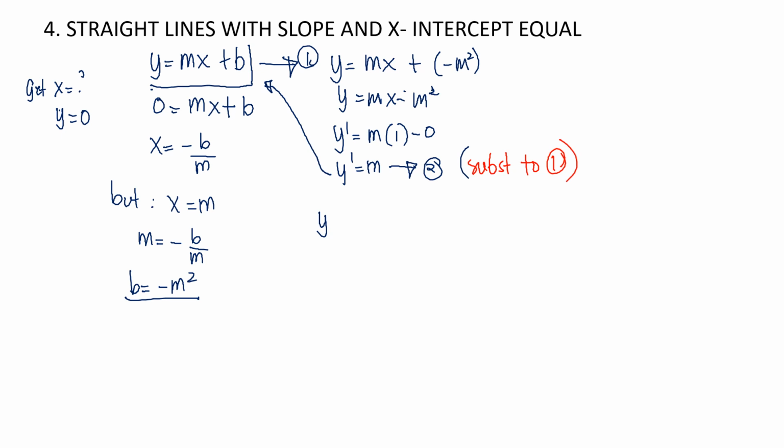So, therefore, this will be y is equals to y prime x plus b. b is negative m squared. So, therefore, b is equals to negative y prime squared. Tama ba?